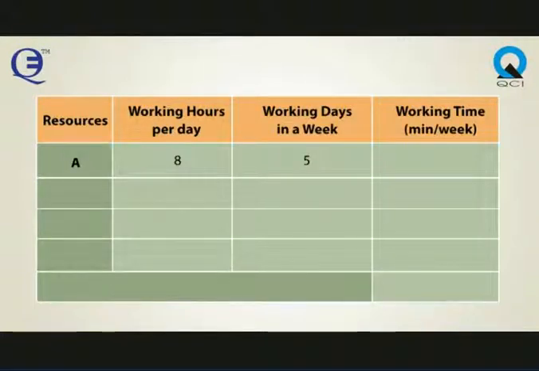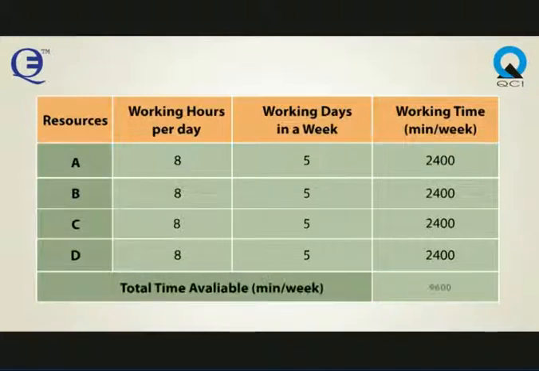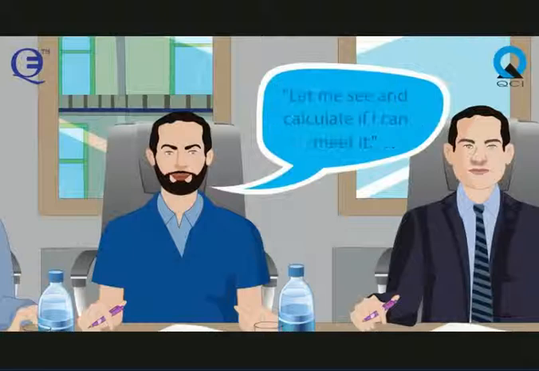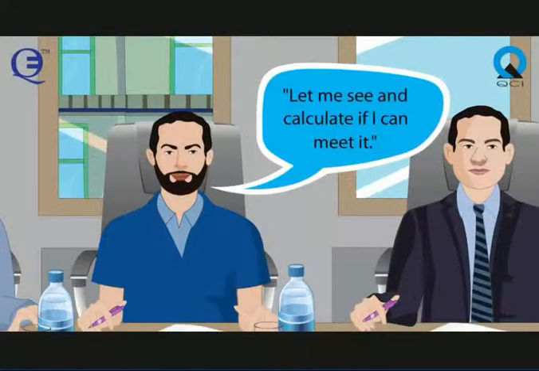This is equal to 2,400 minutes per week. I have 4 different resources, so the total time available to me is 9,600 minutes. In this amount of time, I have to meet this demand. Let me see and calculate if I can meet it.